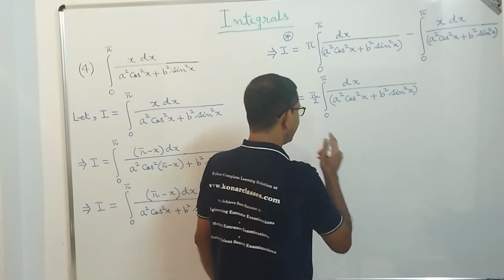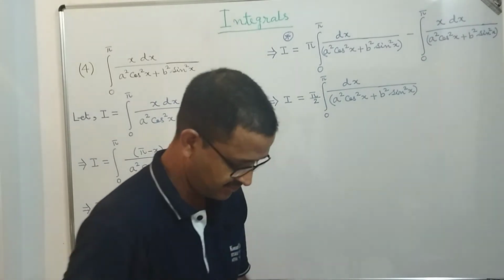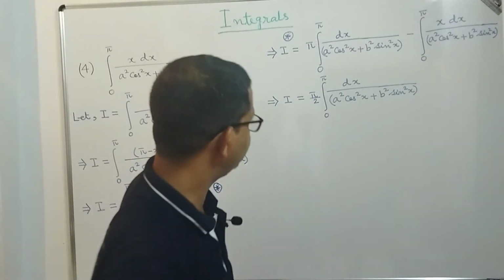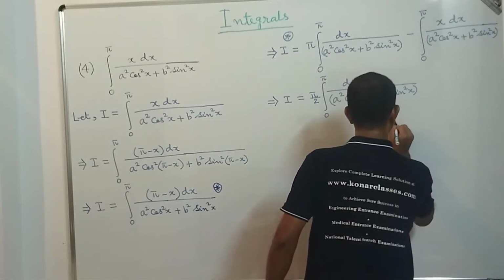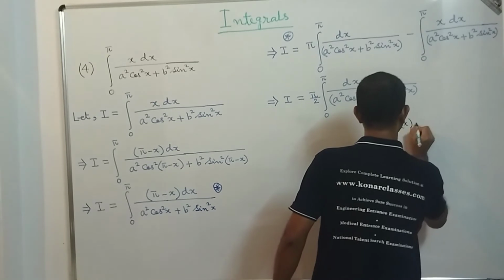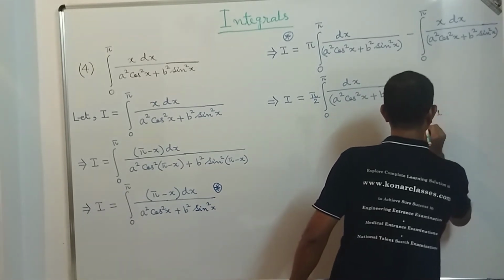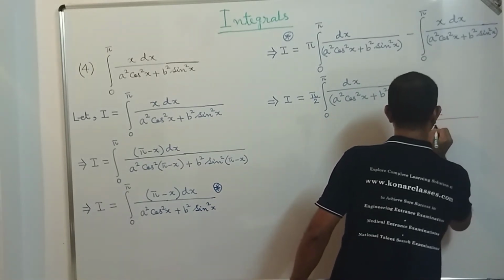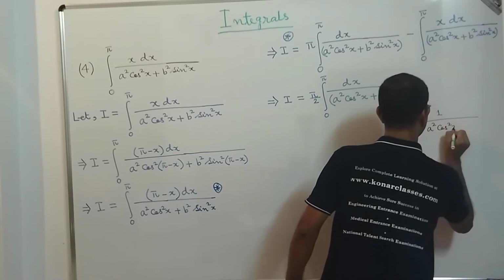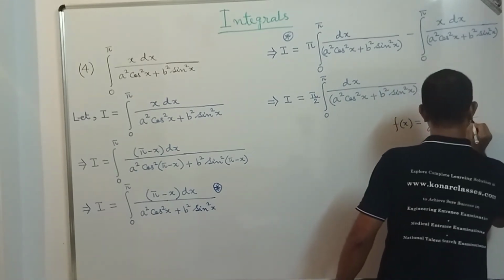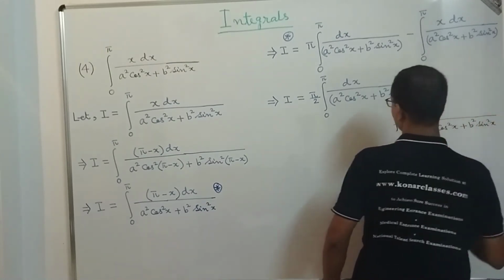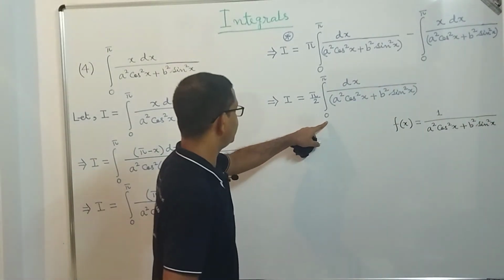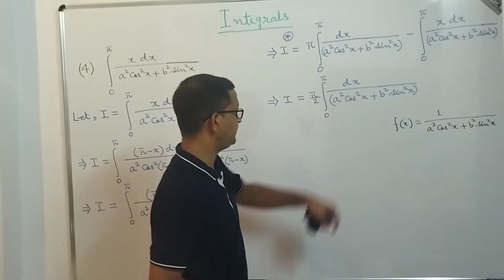Let me use a different color, dear students. So what is our integration here? If we assume that fx is equal to 1 by a square cos square x plus b square sin square x, then what we are going to find is the integration 0 to pi fx dx.